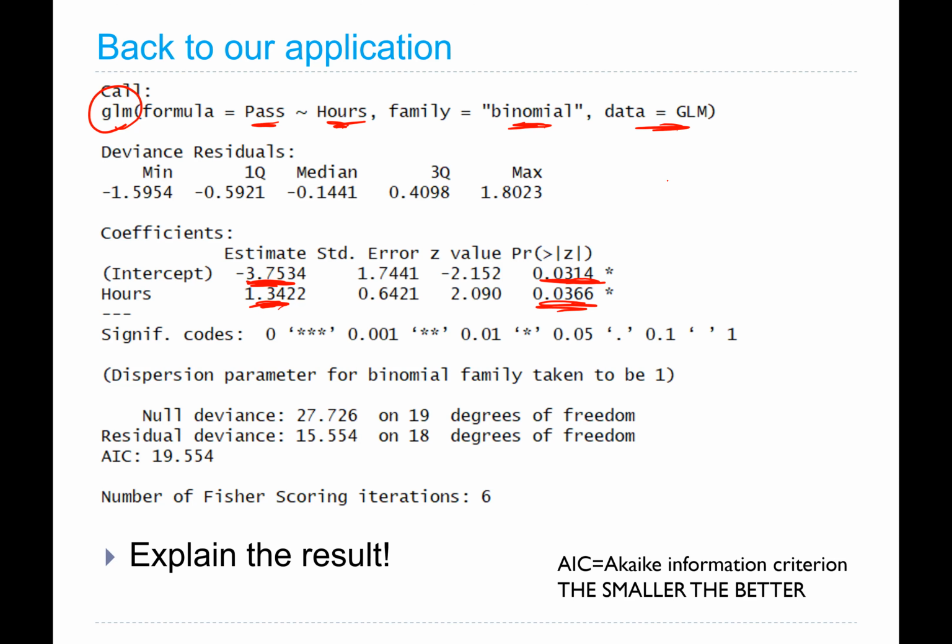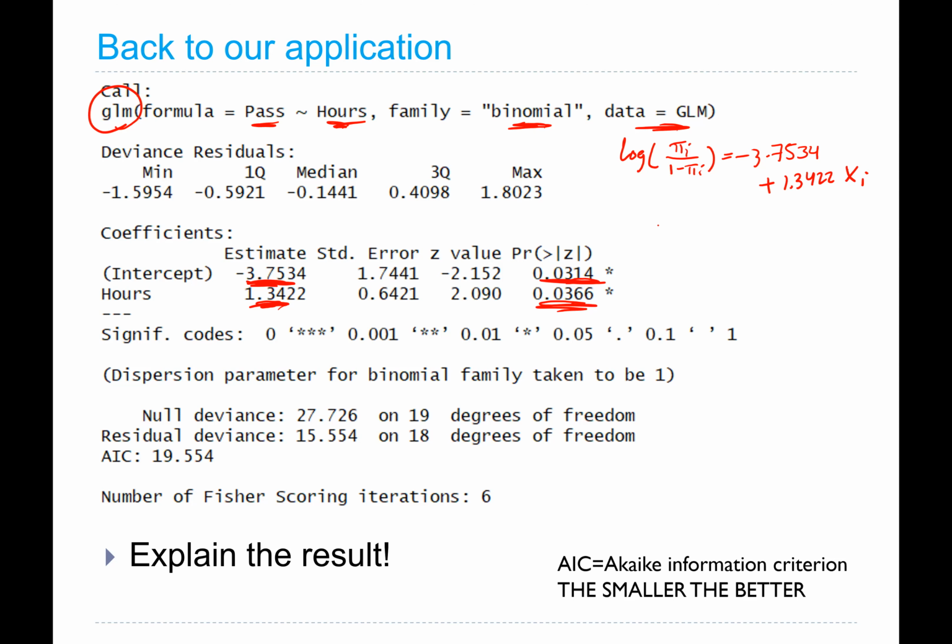Now we can write down the equation as log of pi i divided by 1 minus pi i equals beta 0, -3.7534, plus 1.3422 times xi, the number of hours a student studies for the exam.